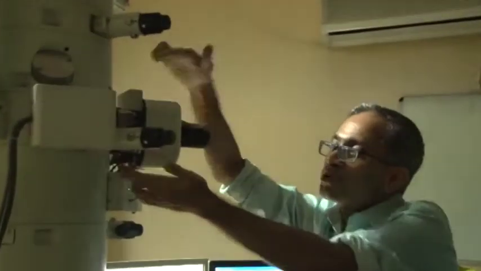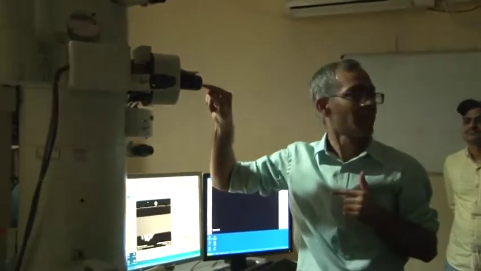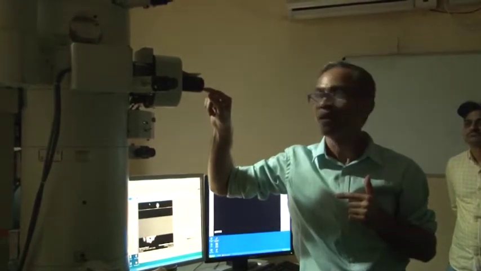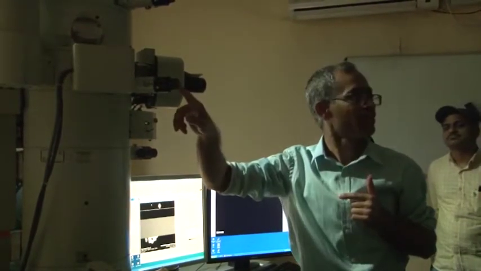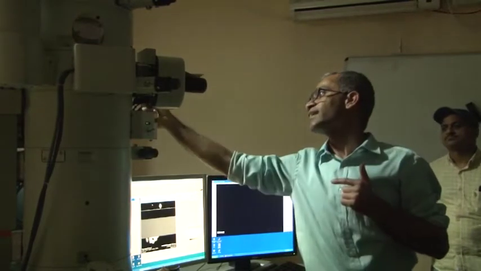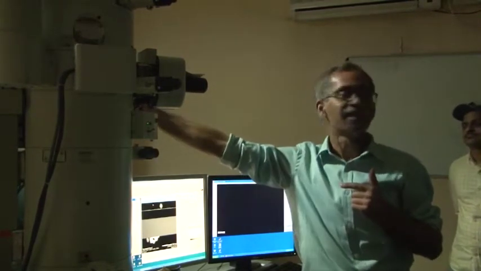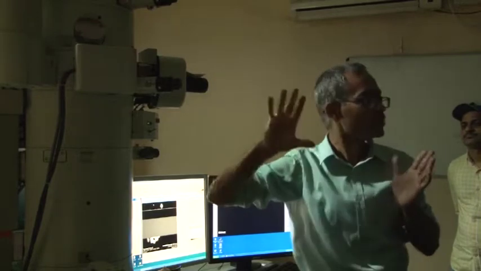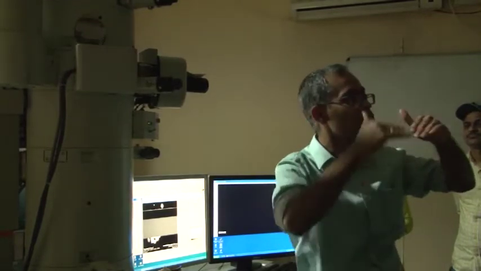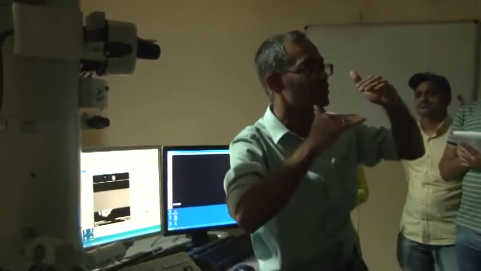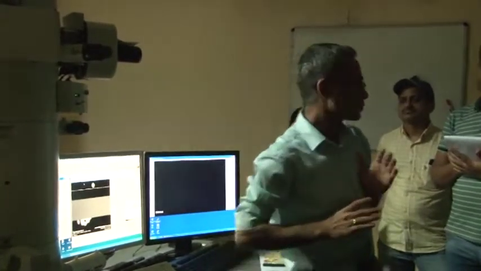Actually, in this portion so many things are there. Our sample is here. This is the holder of the sample, and this is the objective aperture. Plus, there is a detector. This is an EDX detector, and so on. So it's in a very narrow region. So many apertures and systems are there.